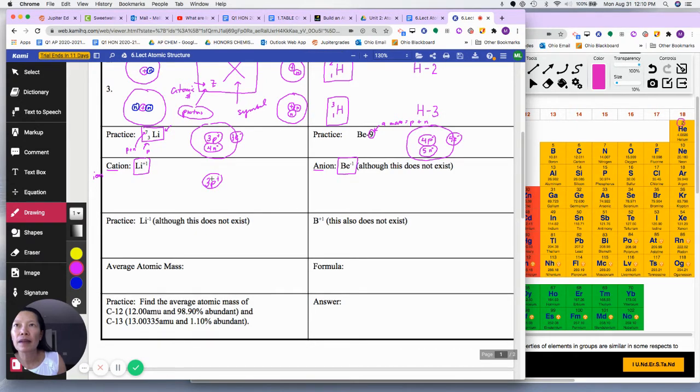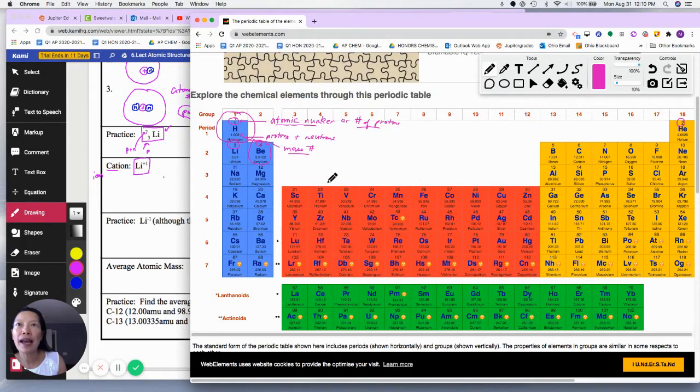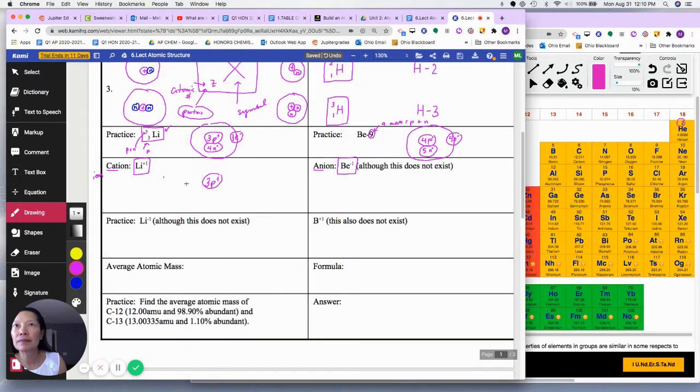If they're not asking for a specific isotope like the one above, you would have to look at the number here. The 6.94, that's the mass, and you have to round it to the nearest whole number. Make that 7. So the mass is 7, that means I would need 4 neutrons.